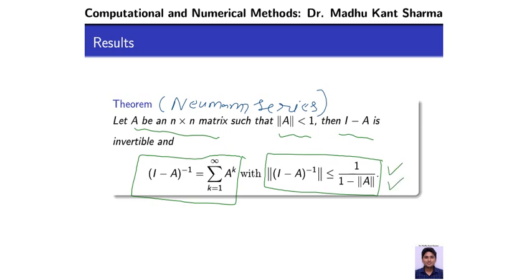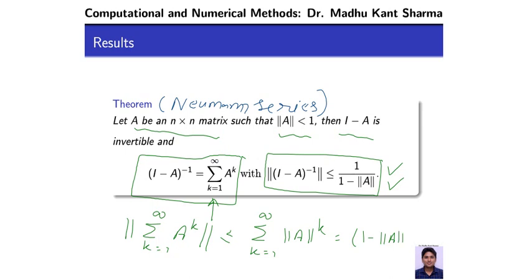Okay, right, since the norm of A is less than 1, the series on the right side will converge. Okay, this series converges, and if you look at this norm, it is less than or equal to the summation from k = 1 to infinity of the norm of A to the power k, which is equal to 1 over (1 - norm A).